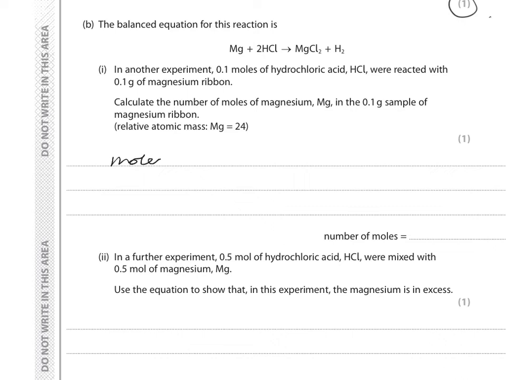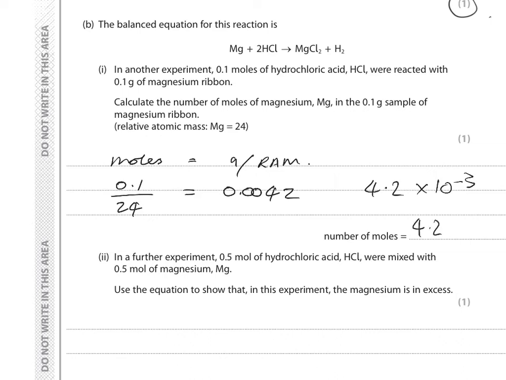Moles equals grams over RAM of magnesium, so it's going to be 0.1 grams divided by 24, which equals 0.0042, or 4.2 times 10 to the minus 3 moles.